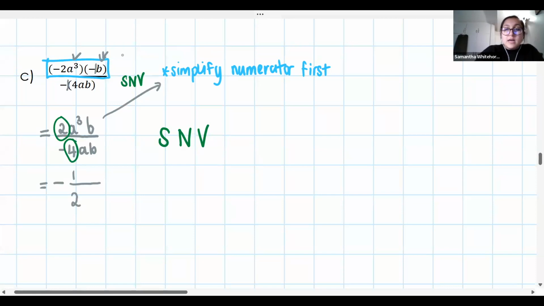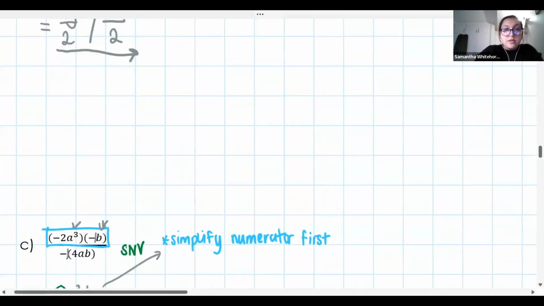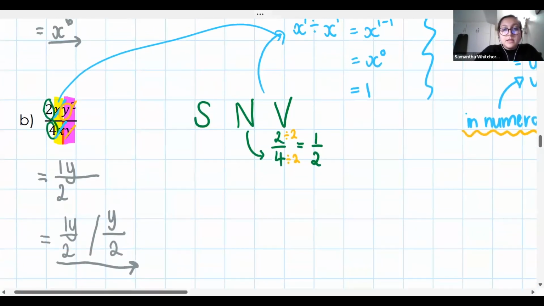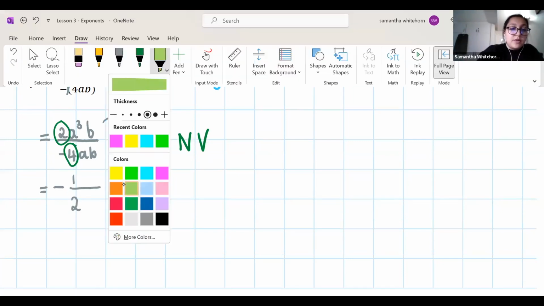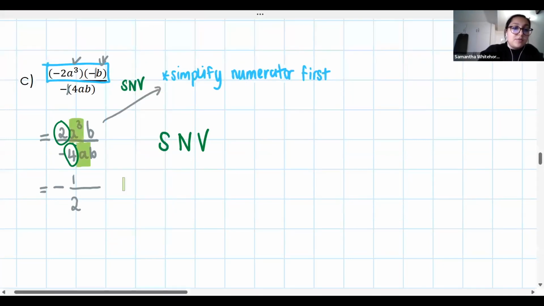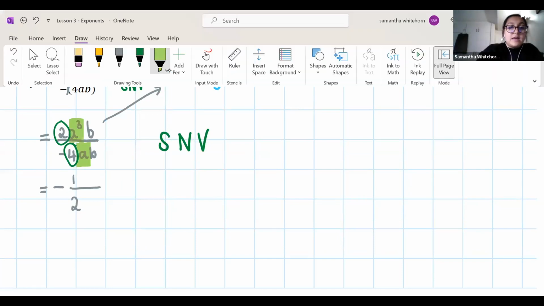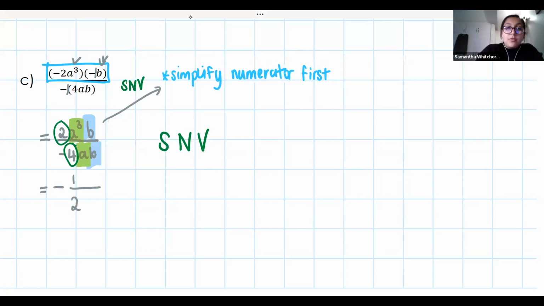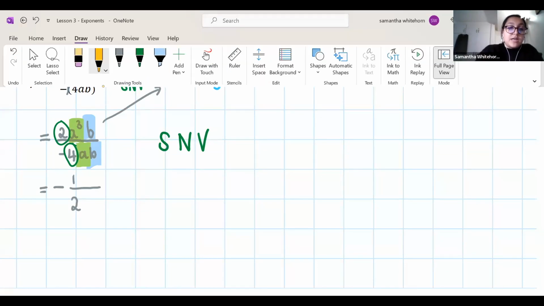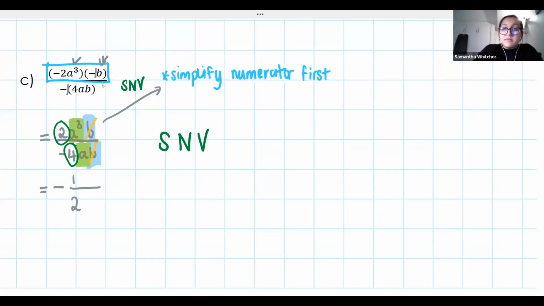Remember, I explained how this was simplified in the last question. If you don't remember, there it is. And then we've got our variables. Now again, look carefully at what variables we have. We've got an a cubed and an a, and then completely separately, we've got a b and a b. Now, hopefully, again, from the conversation we've just had, we realize that those b's are going to divide away.